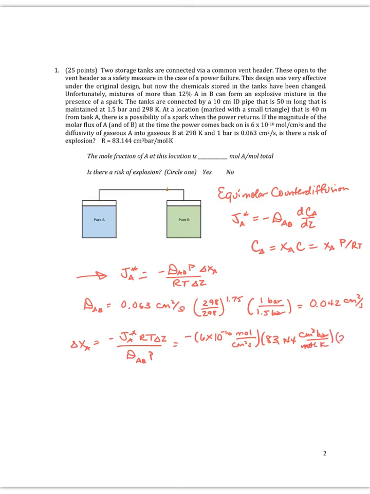T is 298 Kelvin, and I'm writing too large. And delta Z is 40 meters, but everything else is in centimeters, so let me switch that to 4,000 centimeters. And this expression is over 0.042 centimeters squared per second times my pressure, which is 1.5 bar.